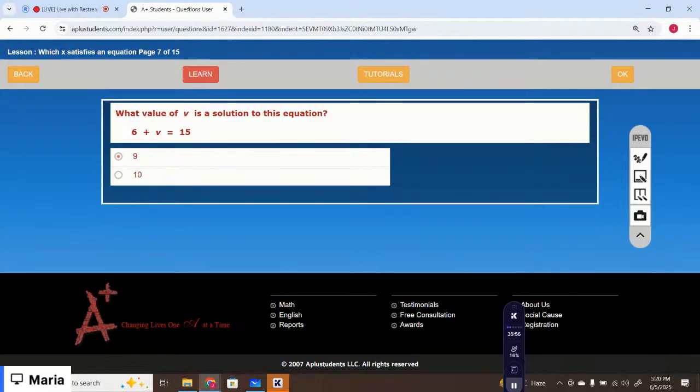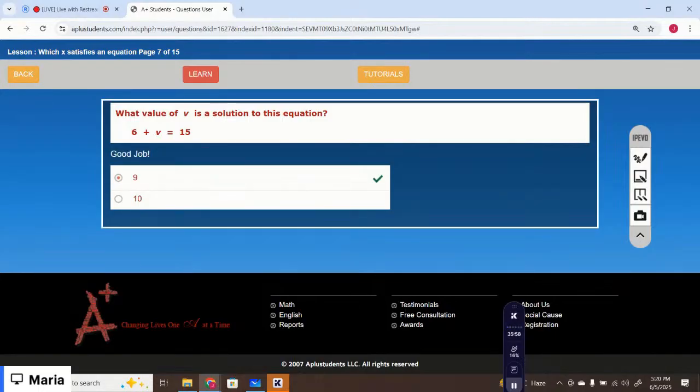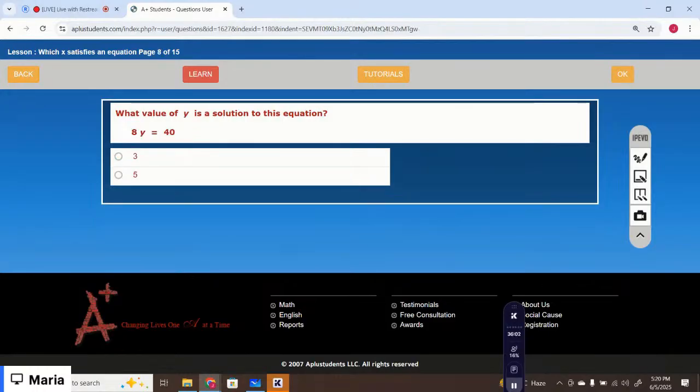Six plus nine is 15. Option number 2 is the correct option. What value of y is a solution to this equation?